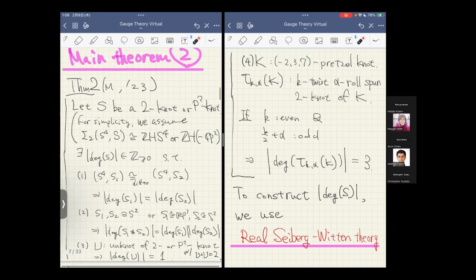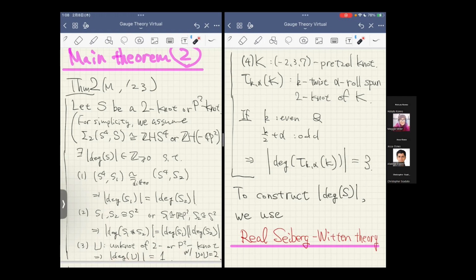And for the second property, we have a connected sum formula. They are multiplicative. And the third property is, if U is a 2-knot or RP2-knot, and if U is the RP2 unknot, we assume the normal Euler number equals 2. Then we have our invariant equals 1.